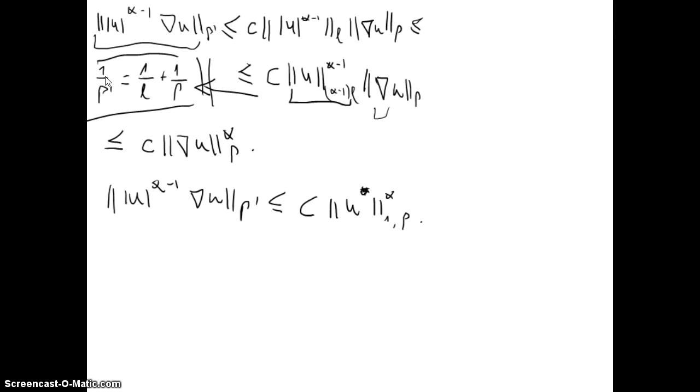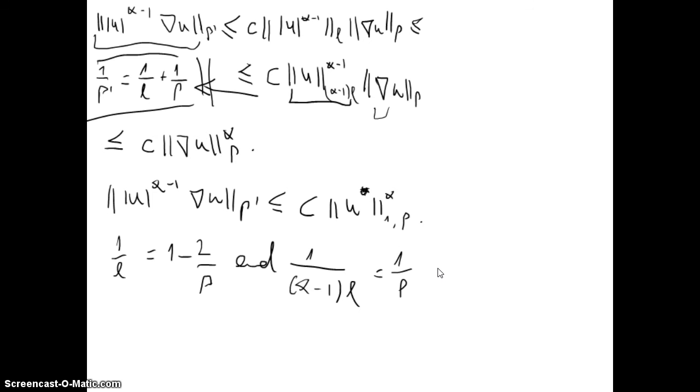As we have this, then we can say that 1 over L is equal to 1 minus 2 over rho, and 1 over (alpha minus 1) L is equal to 1 over rho minus 1 over n, or that 1 over L is equal to (alpha minus 1) over rho minus (alpha minus 1) over n.